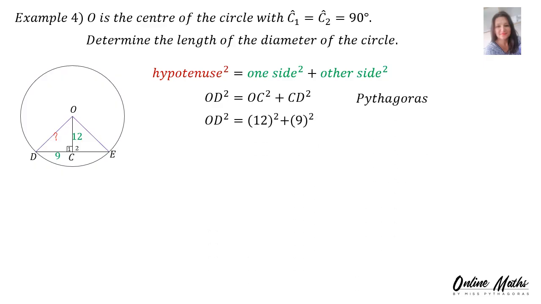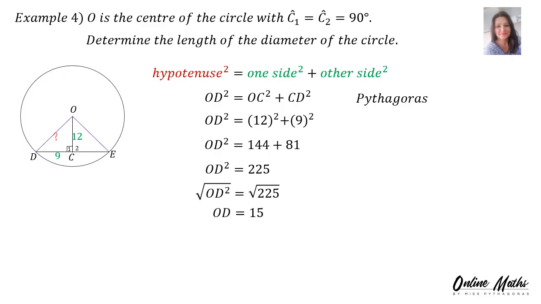Then OC is 12 squared plus DC is 9 squared. 12 squared means 12 times 12, which is 144, plus 9 squared means 9 times 9, which is 81. 144 plus 81 is 225. We take the square root both sides and OD is equal to 15.